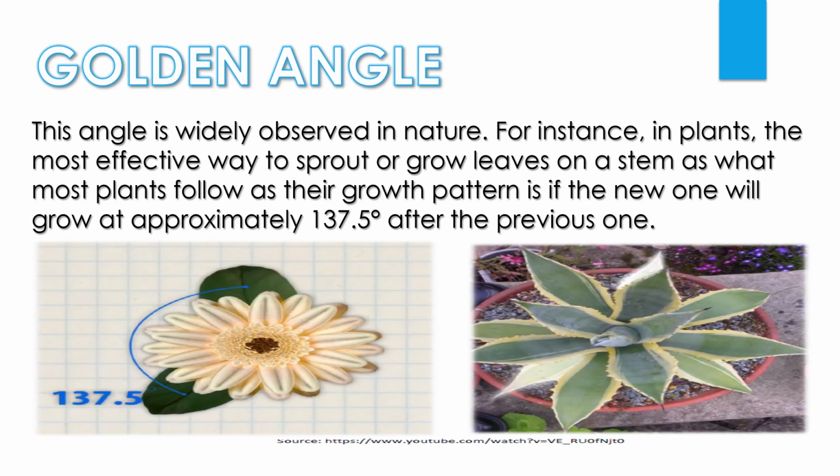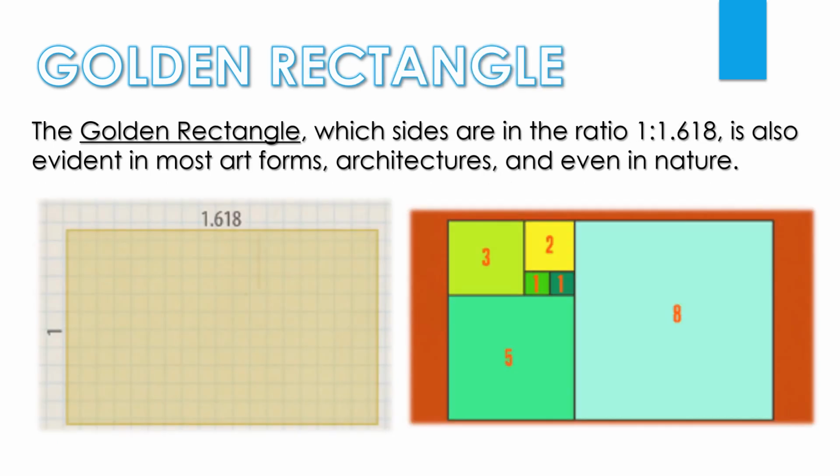Okay, so there you can see the golden ratio. Okay, so now let's talk about the golden rectangle. Earlier, the golden ratio and golden angle, now we move to the golden rectangle.